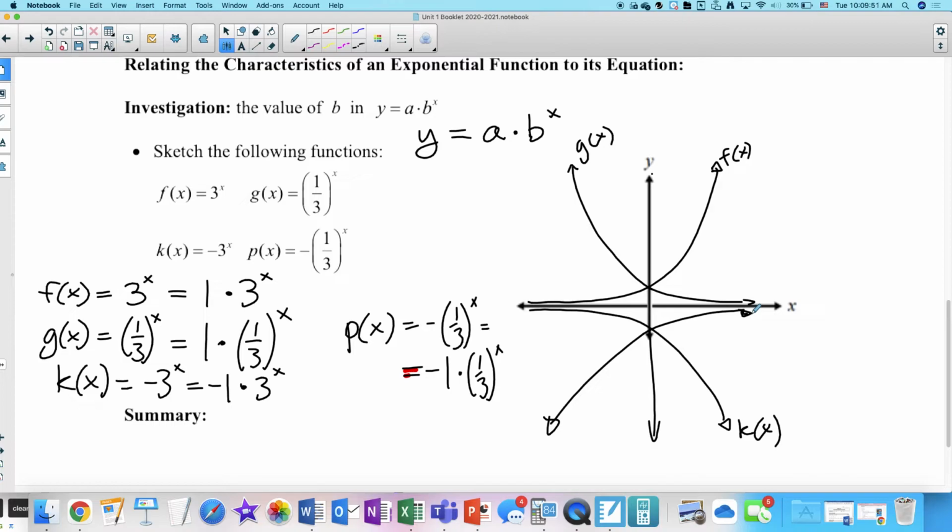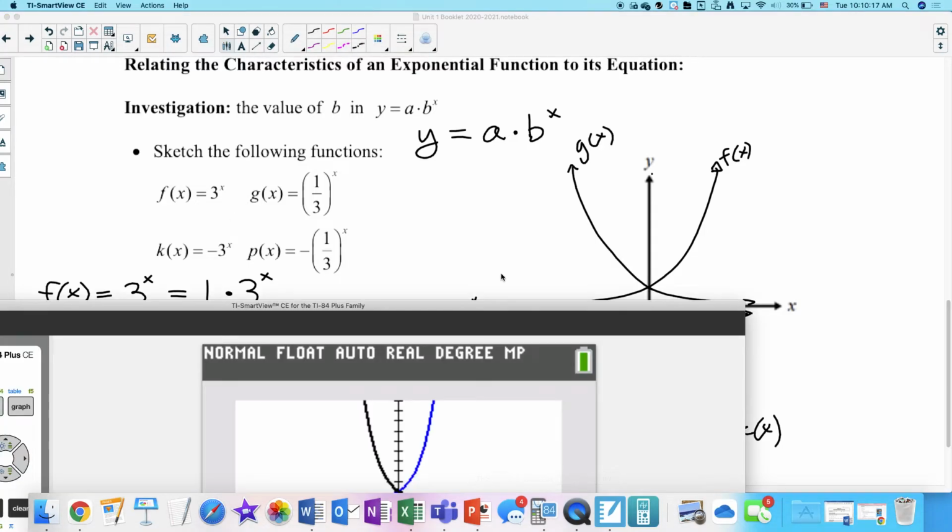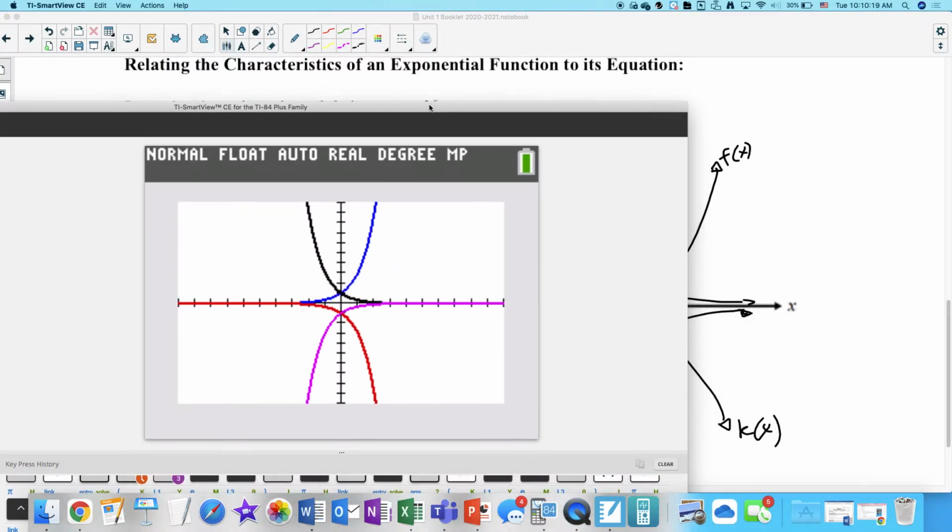So here's my question. We're playing around a little bit with bases, taking reciprocal bases and things like that. But we're also playing around with the a value, that number that you multiply the power by. In 2 of them, the a value is 1. And in 2 of them, the a value is -1. So what I want to know is, where do you see that 1 and -1 values show up in the graphs?